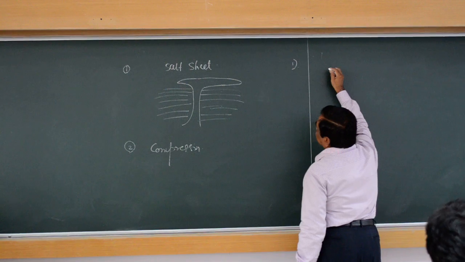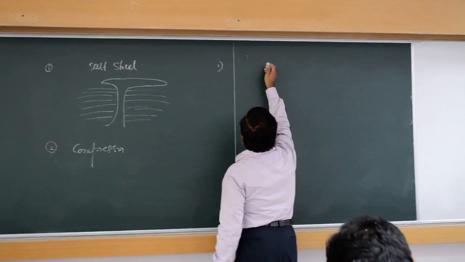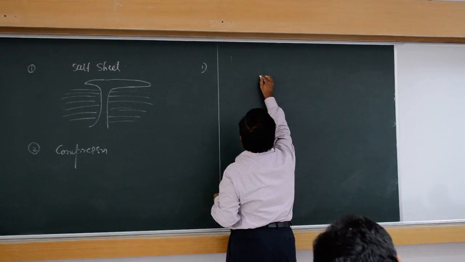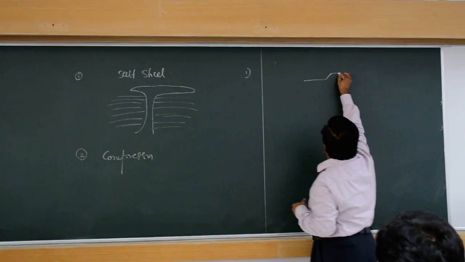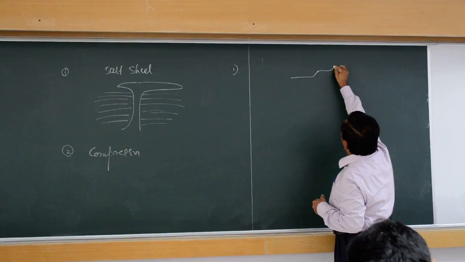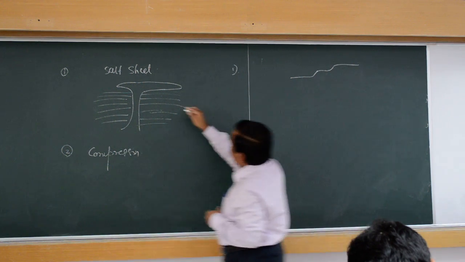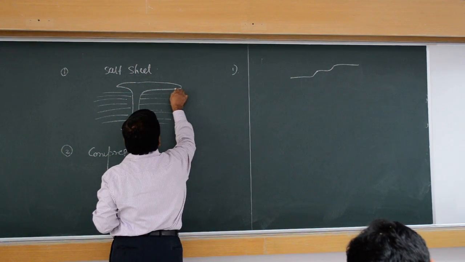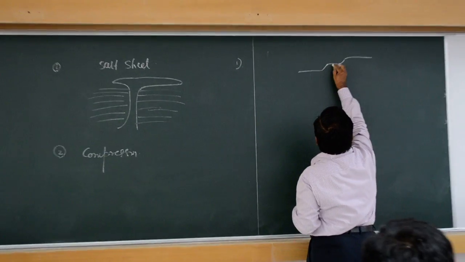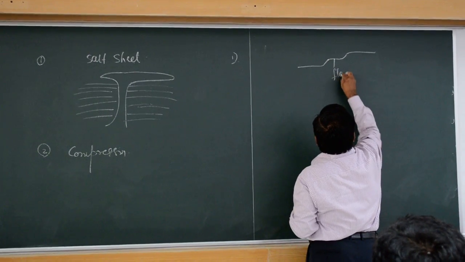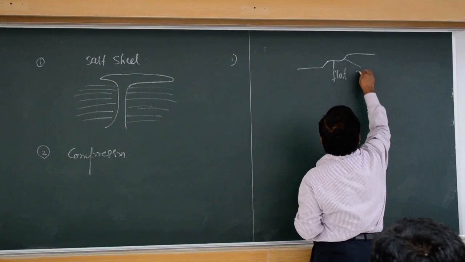One is, you see what I am drawing here. Now this base will have a structure like this. Which part am I drawing? This part becomes like this. So this is a flat and this part is a ramp.